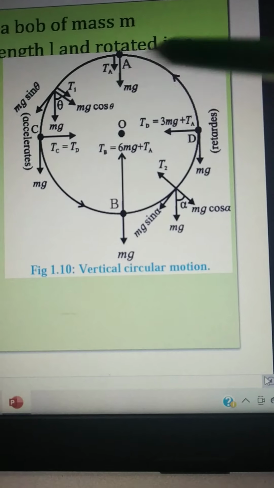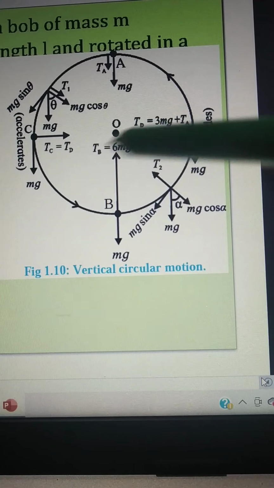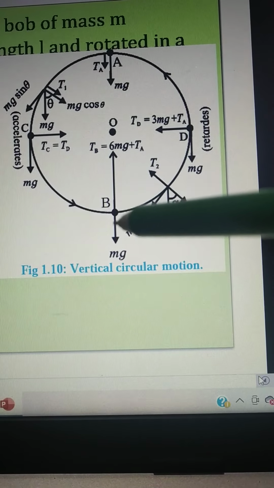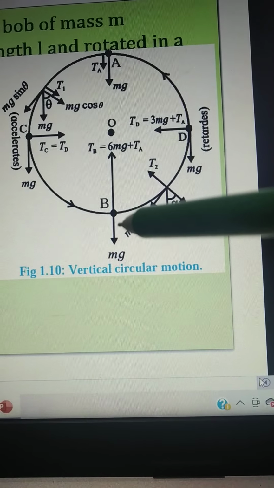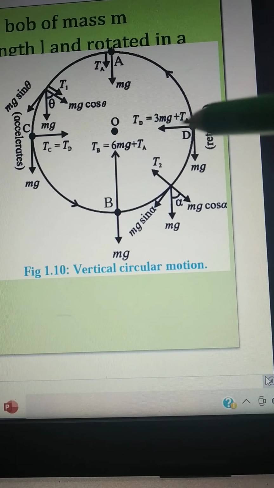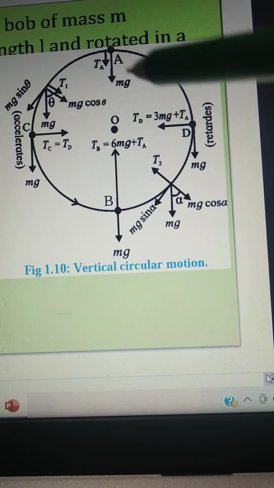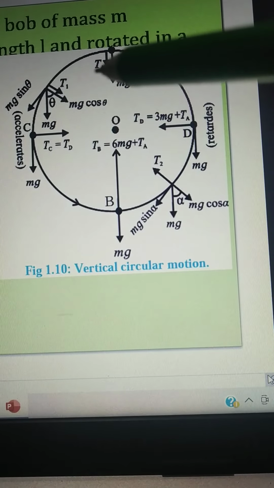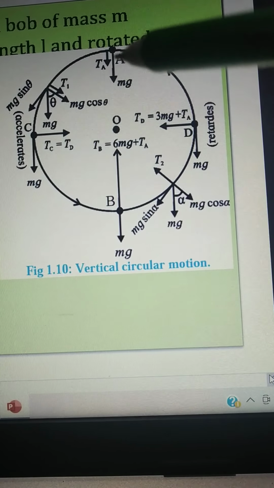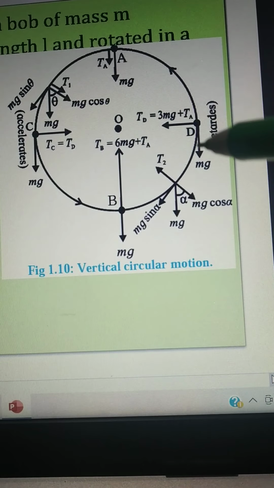In this diagram we see positions A, B, C and D. A is the uppermost, highest position, B is the lowermost position, and the midway positions are C and D. When a body moves in a vertical circle, it changes its position from the highest to the lowest position, then comes to the midway positions.